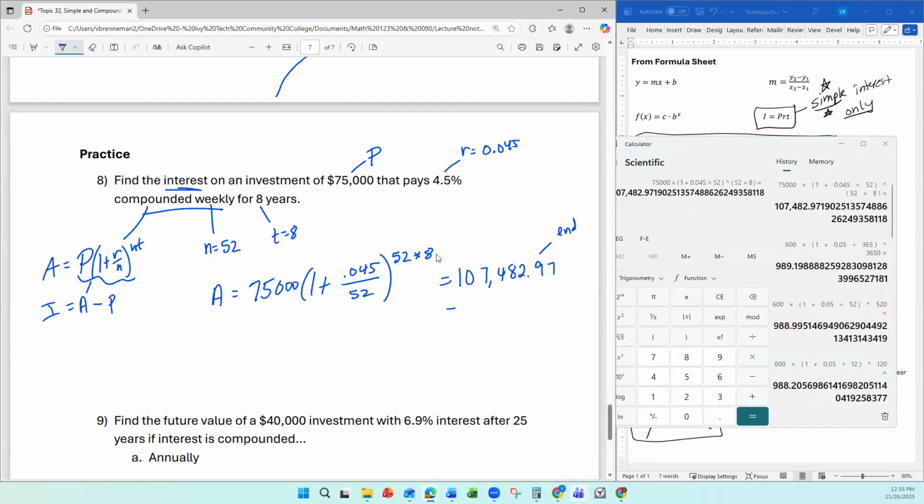You started with 75,000. So the extra that you end up with is the interest. Subtracting the 75,000, it's 32,482.97 total interest. Again, there's no way to get that directly without using the P times 1 plus r over n to the nt.